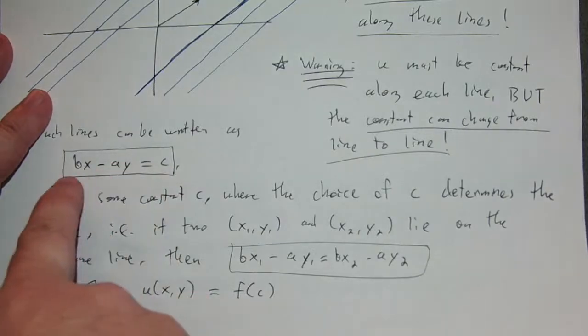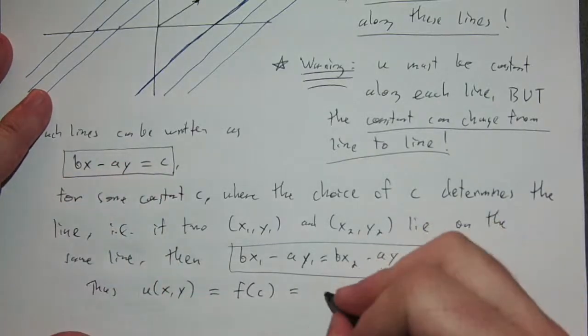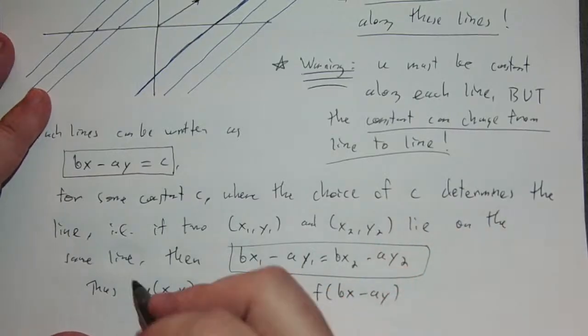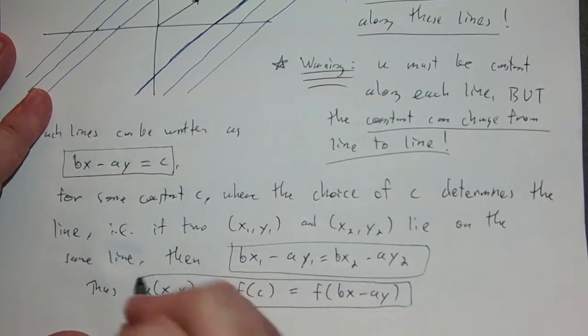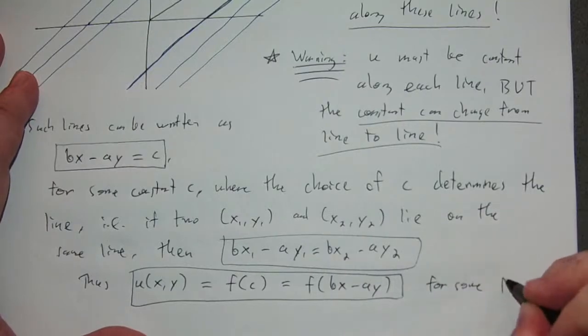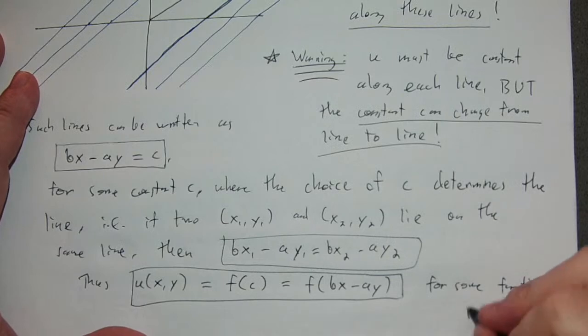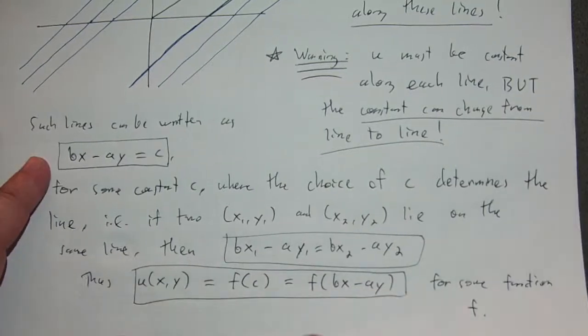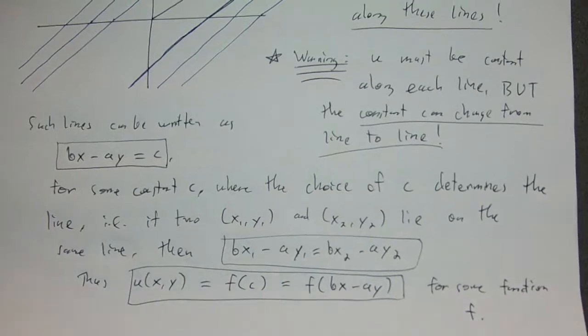But each c is bx minus ay, so u of xy is f of bx minus ay for some function f. Now, of course, I want this f to be smooth enough so that the PDE makes sense, so let's not get too crazy with the f's that we choose here. But the idea is for a reasonable function f, here's my completely general solution. And this process that we followed has shown that really it has to be in this form.